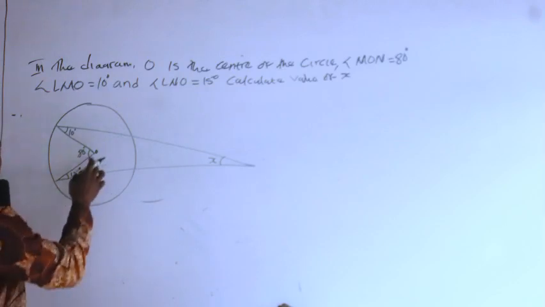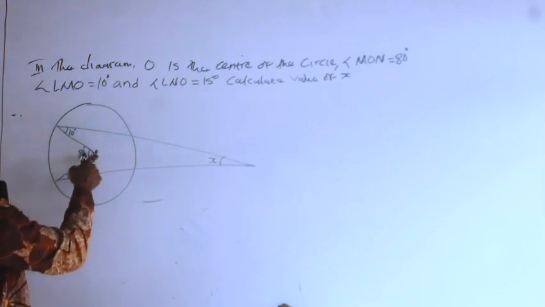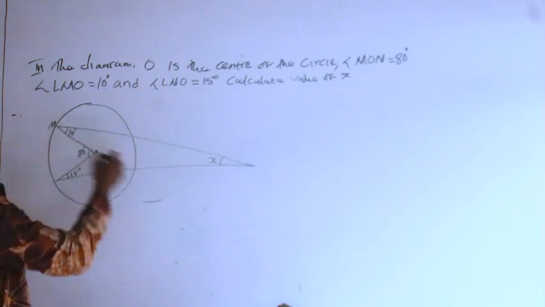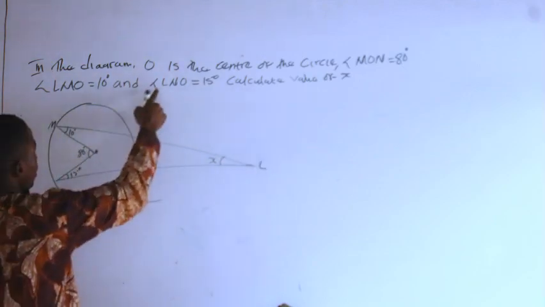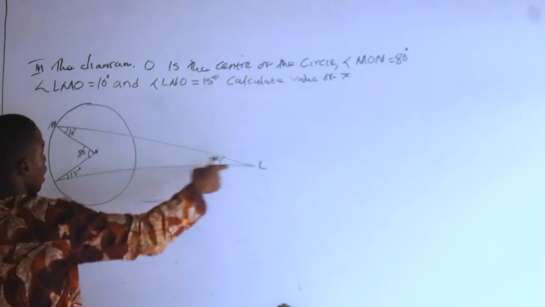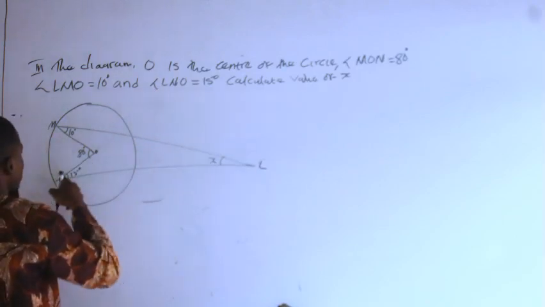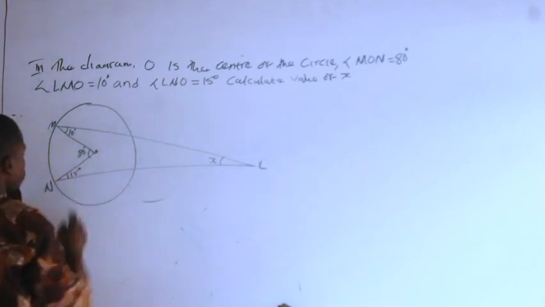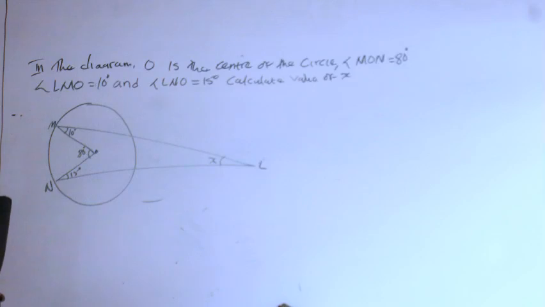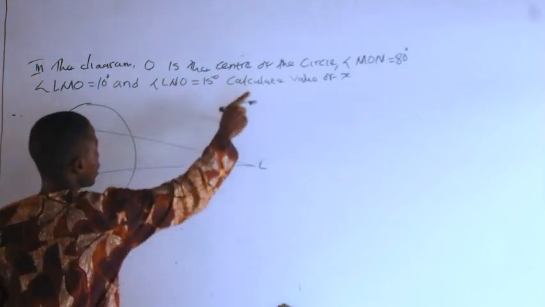We can see O, this is M, L, and N. Angle NLO is 15. This is the angle 15. Calculate the value of x.